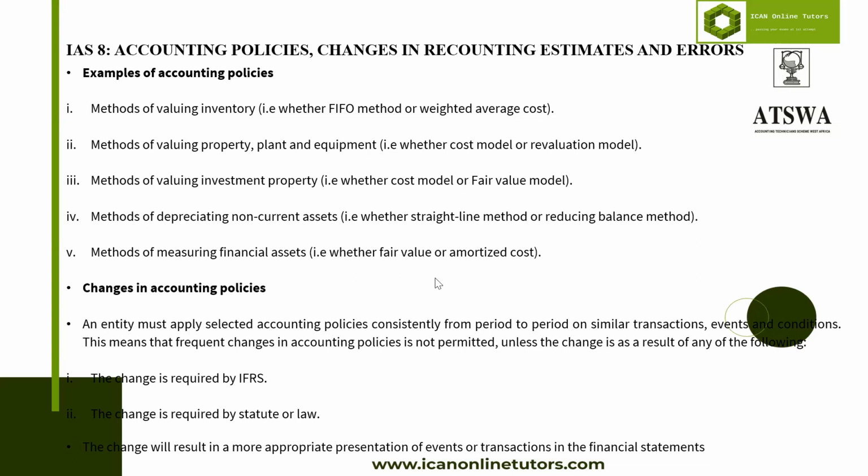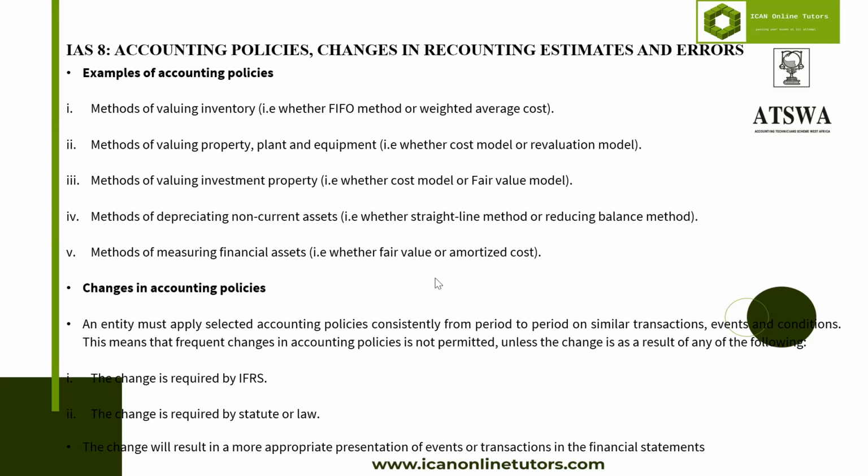Now let's quickly look at examples of accounting policies. Method of valuing inventory is a very good example. Don't forget, we just discussed IAS 2, where we talked about two major methods of valuing inventory: the first in first out method and the weighted average cost method.